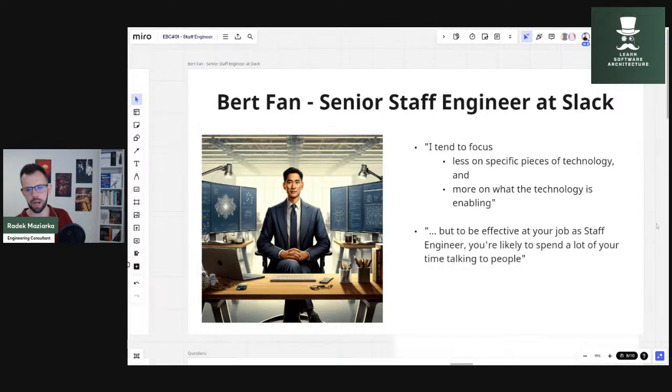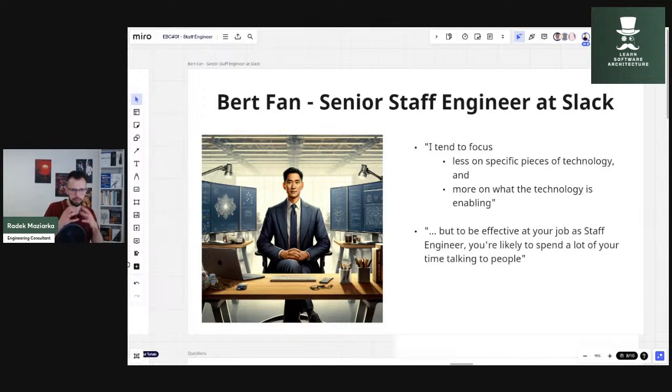And another part of the story that I want to mention here is that to be effective at your job as a staff engineer, you're likely to spend a lot of time talking to people. This is kind of contradictory to what we sometimes hear in our discussions, that we didn't become software engineers to talk with people.